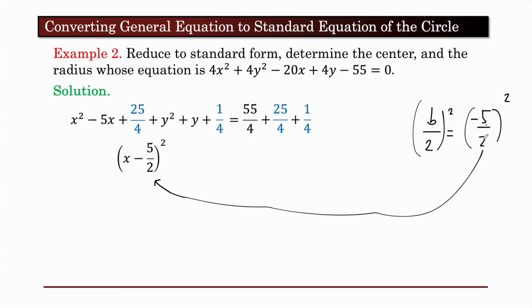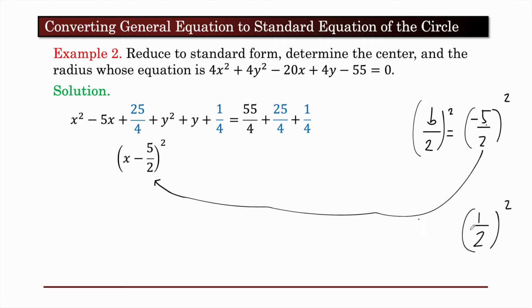So whatever the value inside the parenthesis, that will be also the value inside the parenthesis for our factored term, x minus 5 halves. So dito sa y squared plus y plus 1/4, as we notice, the value of b over 2 is 1/4. 1 over 2, diba? So sinubstitute natin siya as 1 over 2 raised to 2, kaya tayo nakakuha ng 1/4 dito.